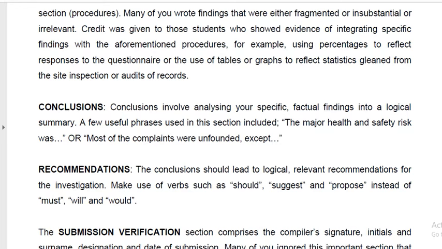Those are the kind of words that you're supposed to use there. Then when we get to the recommendations, the conclusions should lead to logical, relevant recommendations for the investigation. Make use of verbs such as should, suggest, and propose instead of must, will, and would.